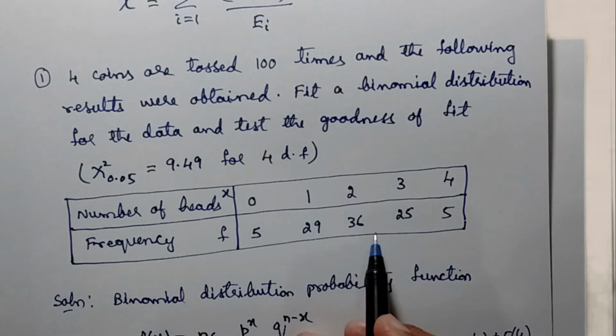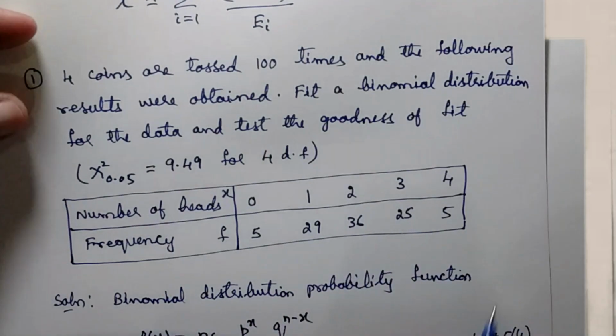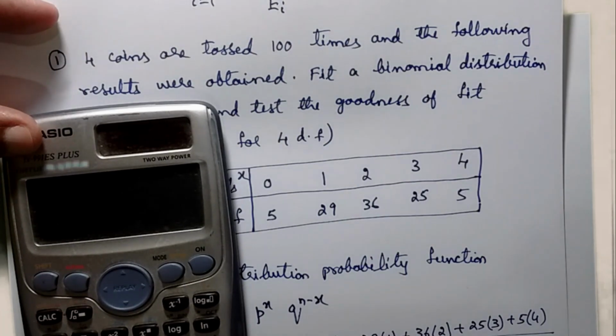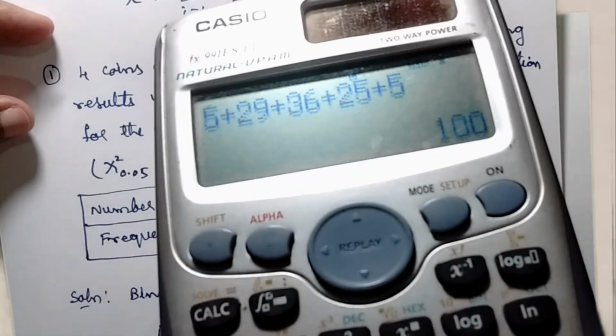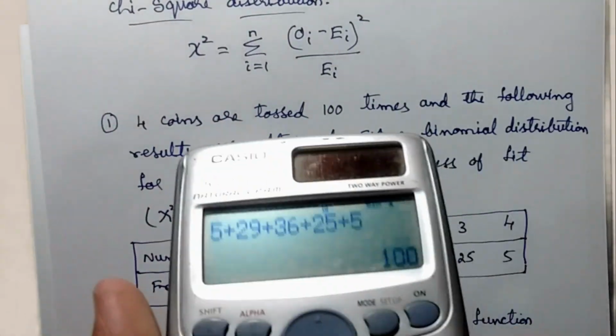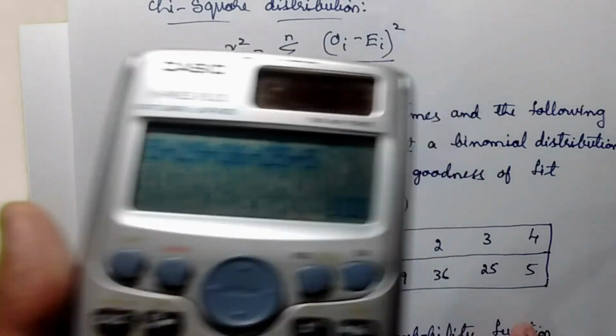It is 5 plus 29 plus 36 plus 25 plus 5. You just add those values. That will be your total. You can just see the total is 100 over here. Because you are tossing 4 coins 100 times, this total should also be equal to 100.